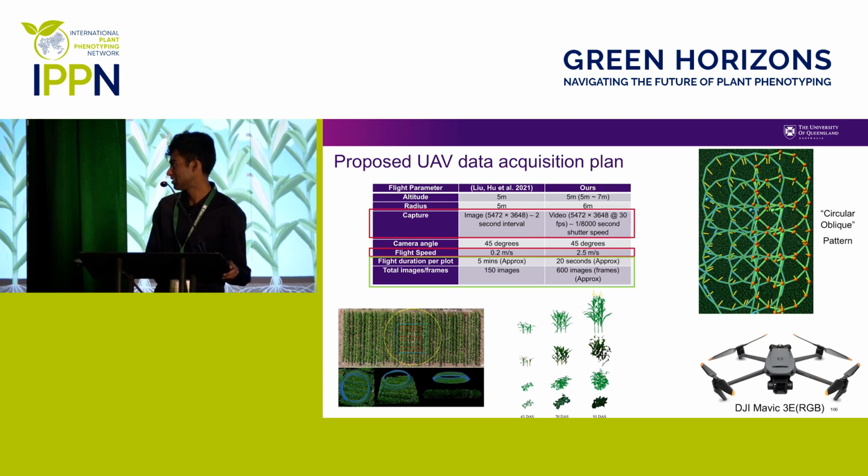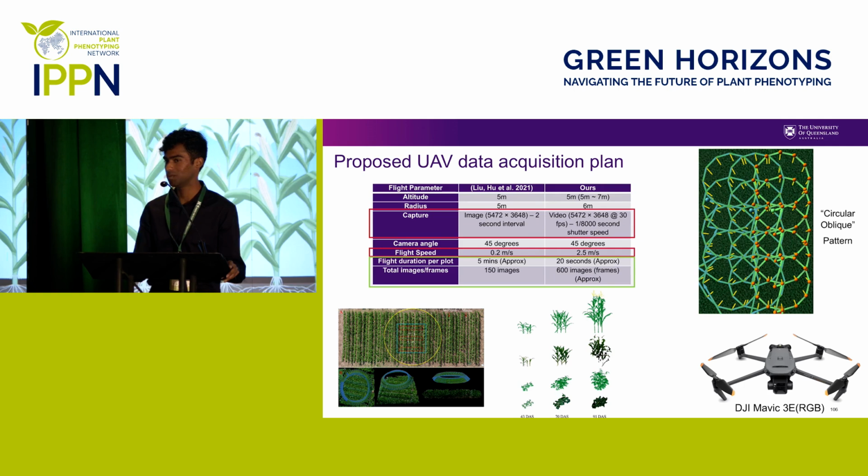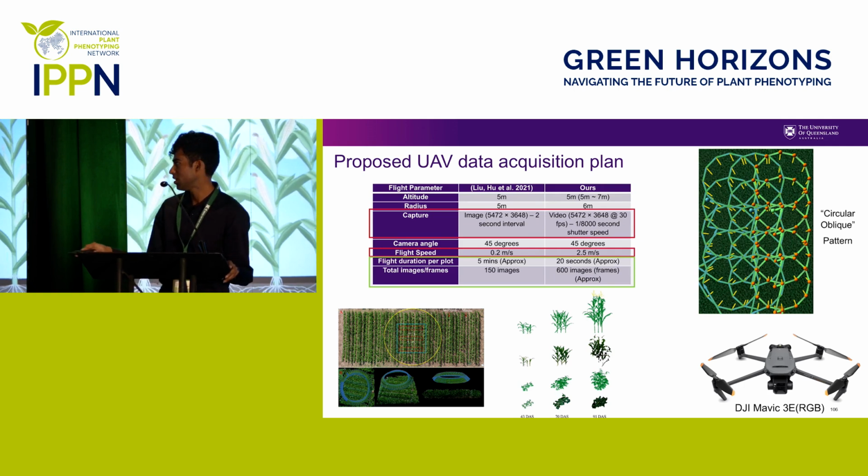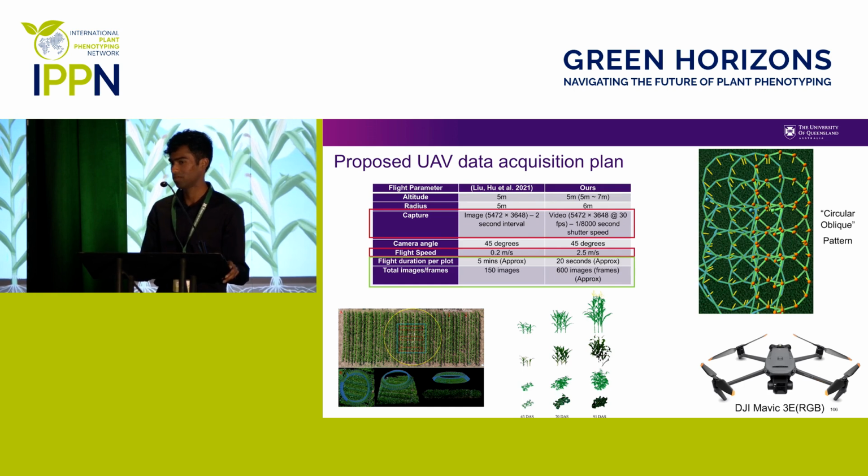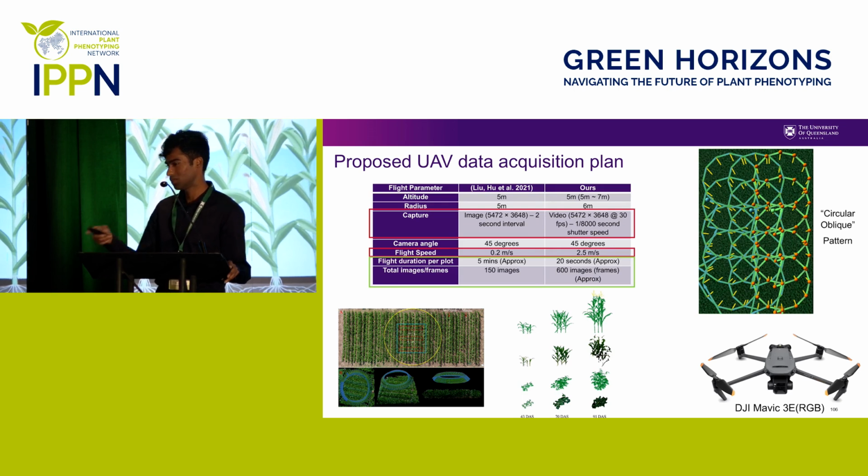So if you look at this example here, when the plants are quite small, the drone can capture most of the geometry and the architecture of the plant. But as they continue to grow, there's a lot of occlusion in the canopy, and your drones can only sort of see the upper part of the canopy. So this is a method which is reliable to only look on the top part of the canopy.